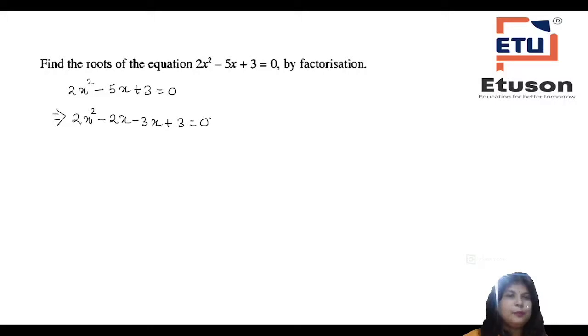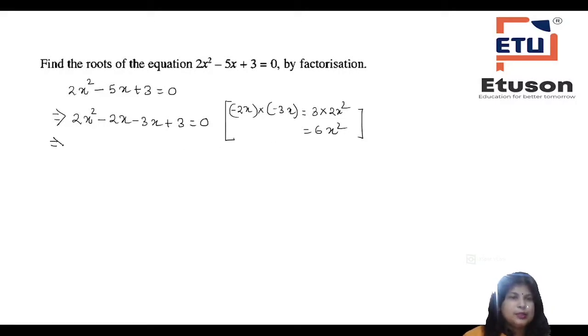And if you multiply, minus 2x into minus 3x is equal to 3 into 2x square, that is 6x square. Correct or not? So that is how we have split the middle term.